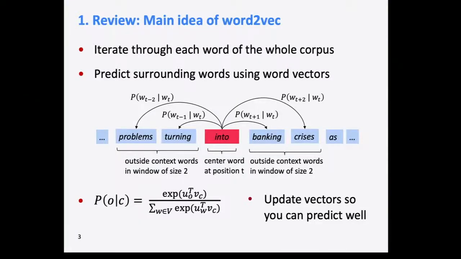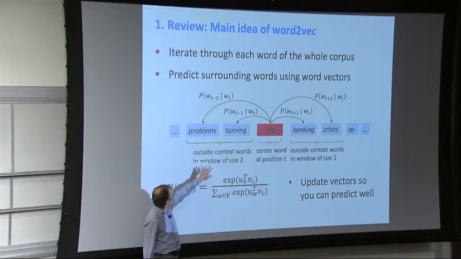Okay, so remember we had this idea of word2vec. It was an iterative updating algorithm that learned vector representations of words that in some sense capture their meaning. The way it worked was we moved position by position through a corpus, and at each point in time we had a center word, and it's trying to predict the words around it by having a probability distribution over words that will occur around it.